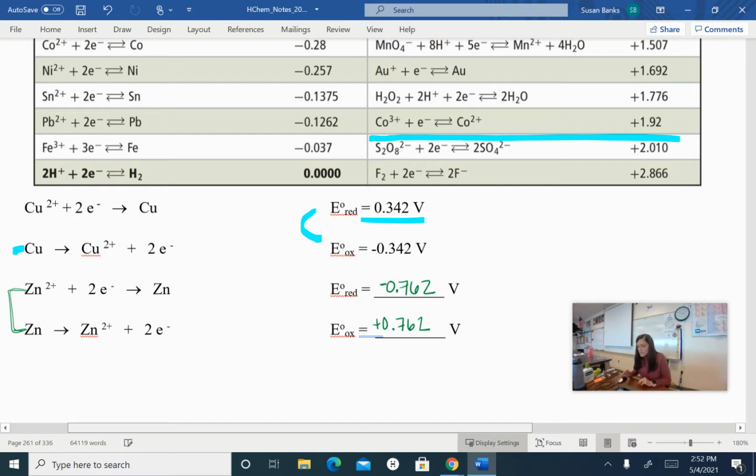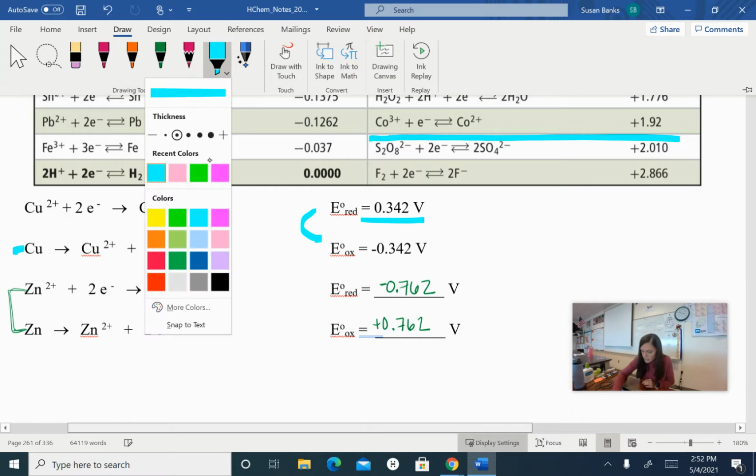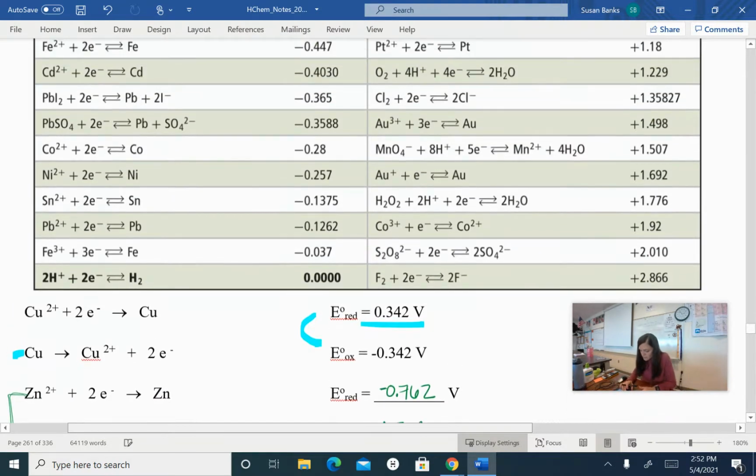Okay, the other thing I want to show you on this standard potential table is where 0 is. Notice that our 0 value here on this table is hydrogen. Okay, so hydrogen is 0. For some reason, they chose hydrogen to be 0. It really is arbitrary.